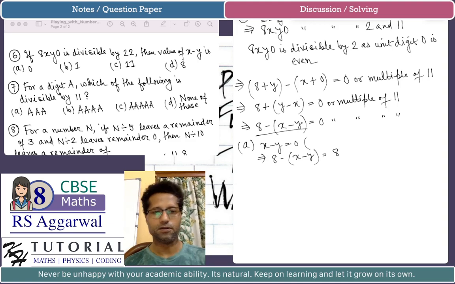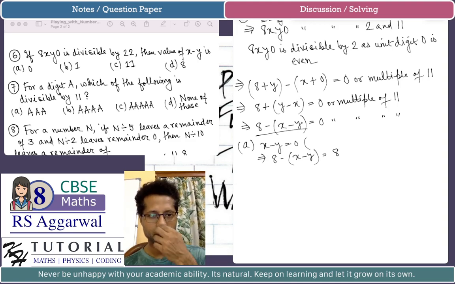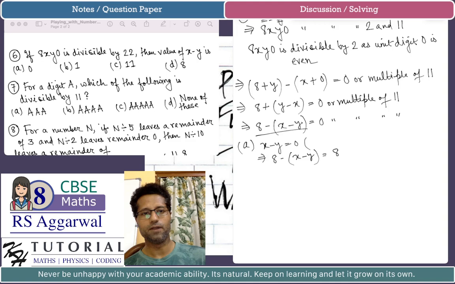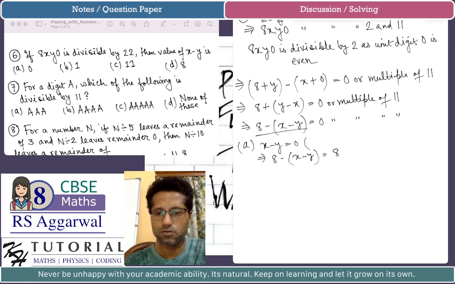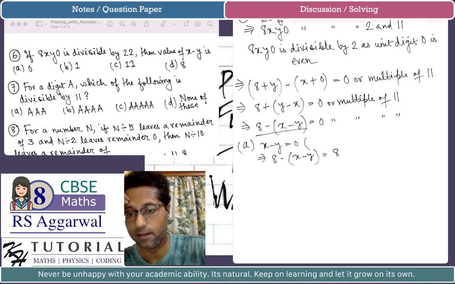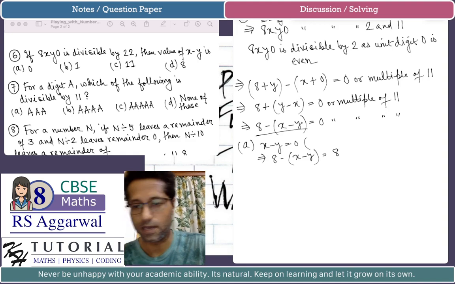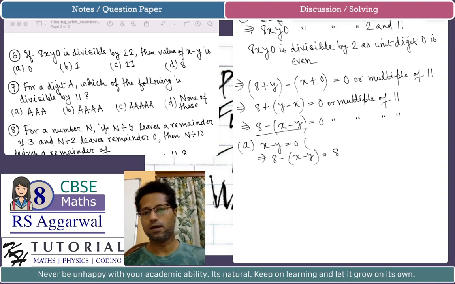But I am further discussing why the other choices A, B, C will not work. If the value of x minus y is either 0 or 1 or 11, it will not make the given number divisible by 11. For the choice A, if x minus y equals 0, we get 8 minus x minus y as 8, which is not equal to 0 and is not a multiple of 11.